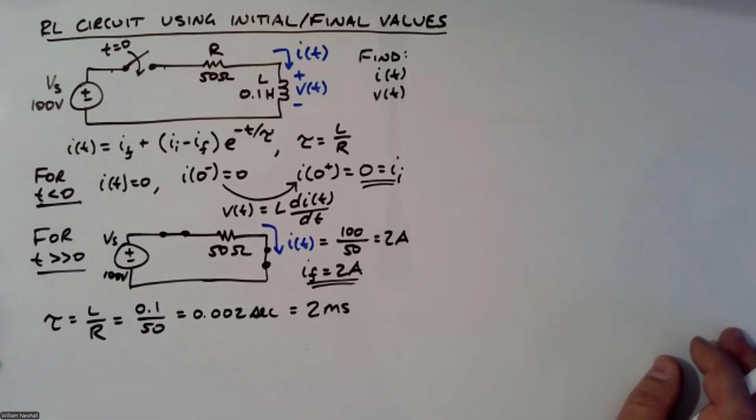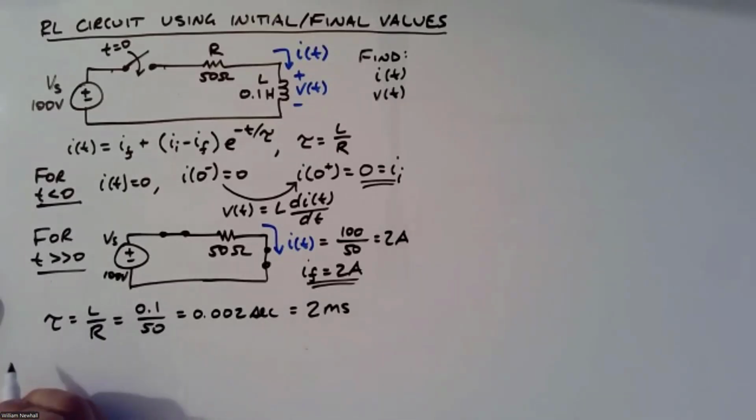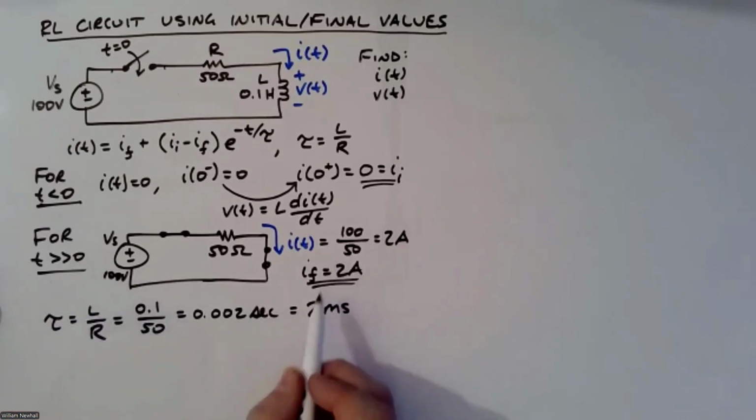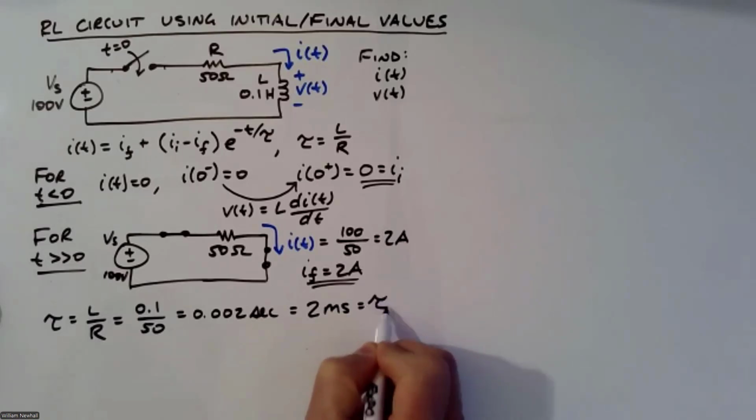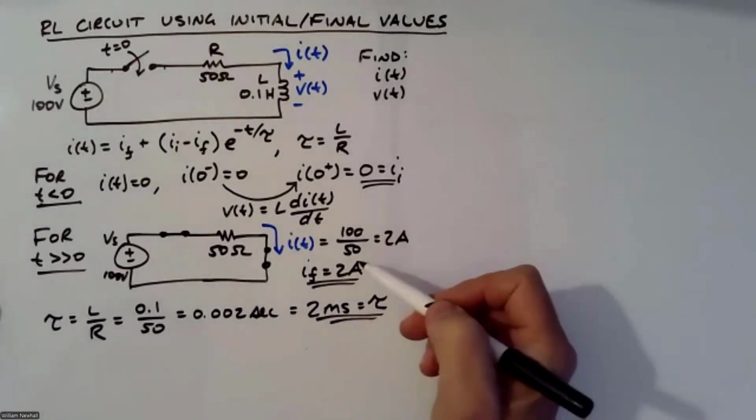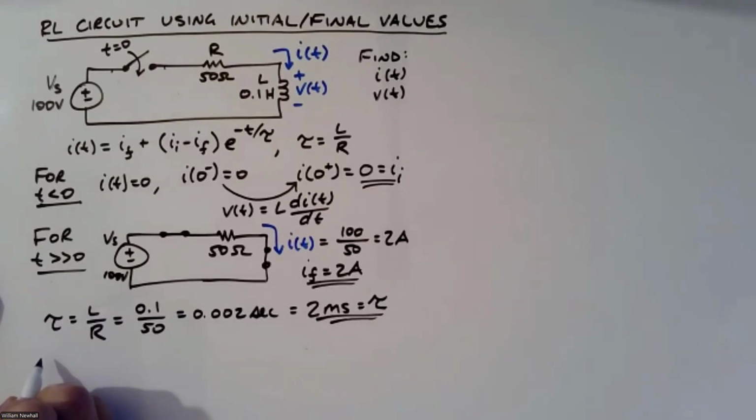All right. Now we can plug these numbers in. We plug these values, this is tau, I_F, into the form of the solution.